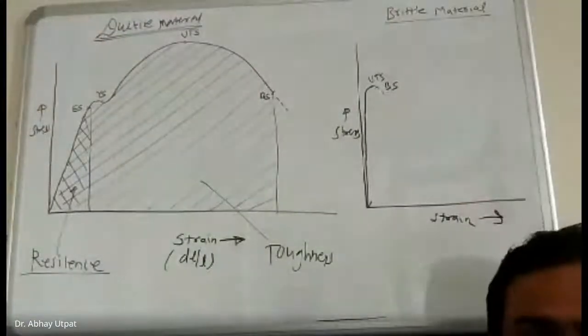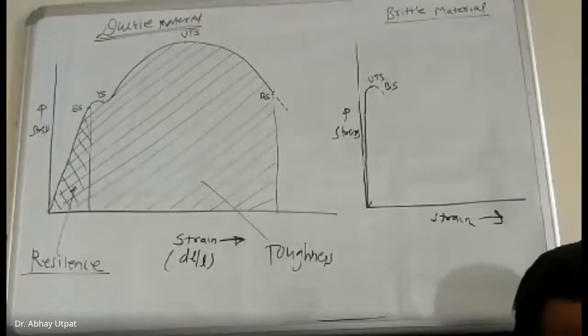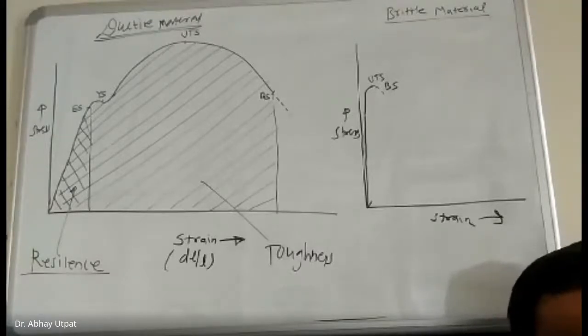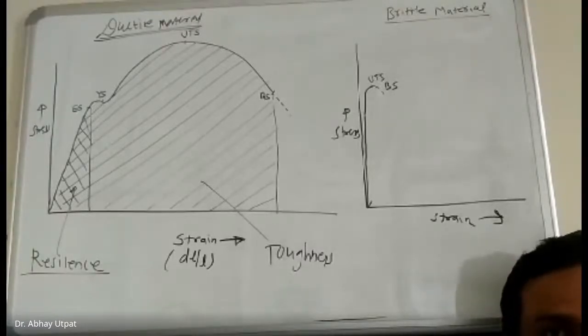Ductile material is having good tensile properties or good tensile strength. Following are the properties on stress strain curve of ductile material.